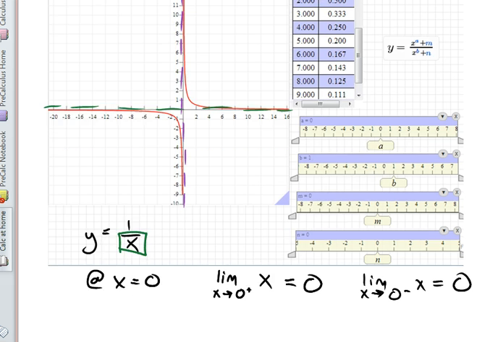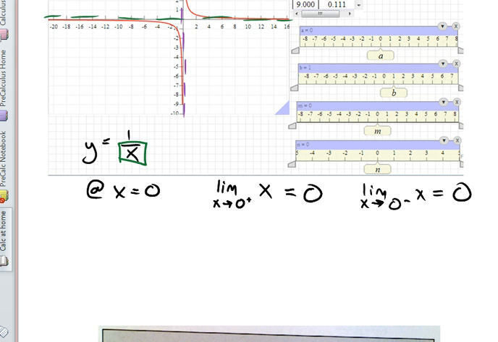If we consider a similar function like y equals 1 over x squared minus 1, for instance, what we're looking for are x values that cause division by 0. And you're probably okay with just solving an equation that sets the denominator equal to 0.